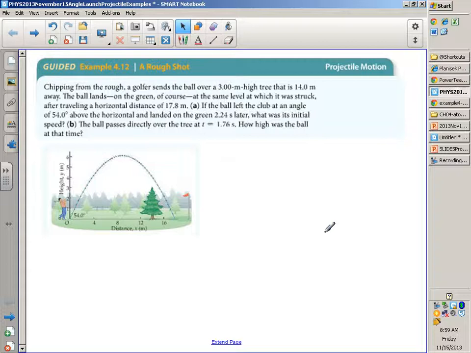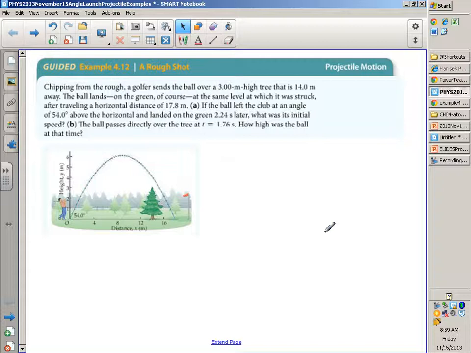It says the ball lands, on the green of course, at the same level at which it was struck after traveling a horizontal distance of 17.8 meters. So A says, if the ball left the club at an angle of 54 degrees above the horizontal and landed on the green 2.24 seconds later, what was its initial speed?